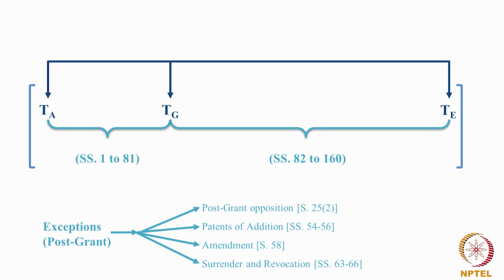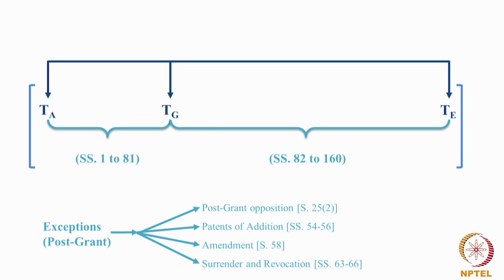So this timeline, between TA and TE, the time of application of a patent to the time of expiry of a patent, can be used to understand the entire syllabus of the Patents Act. You have broadly sections 1 to 81 covering the events up to the grant, what we refer to as TG, the time for grant, and soon after the grant you have sections 82 to 160 which cover the events that happen after the grant.